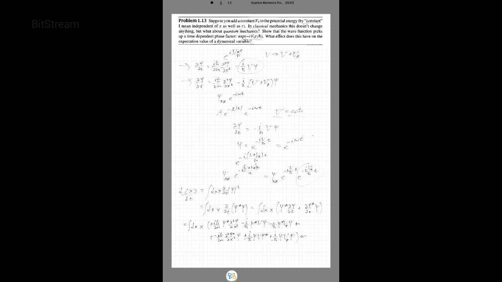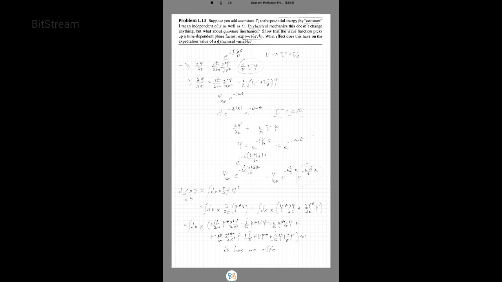So then you could go on with the result to get the expectation value for the velocity, or the velocity of the expectation value of x. But I won't go that far, because basically at this part I know my answer. What effect does it have on the expectation value of a dynamical variable? It has no effect.